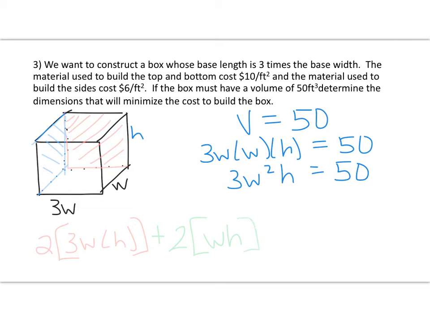Oops, sorry, that should be in green. And then we also have that bottom side, which is the top and the bottom here in this yellow. So I'm going to have 2 of those, which is 3W times W. So all of that together gives me my surface area.